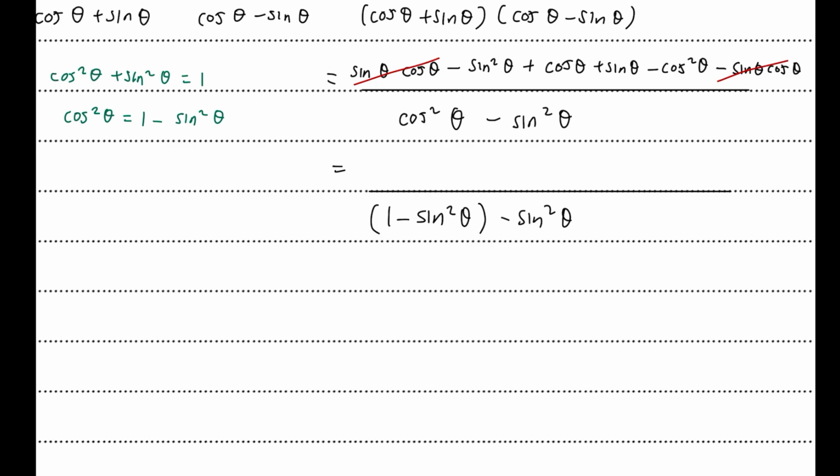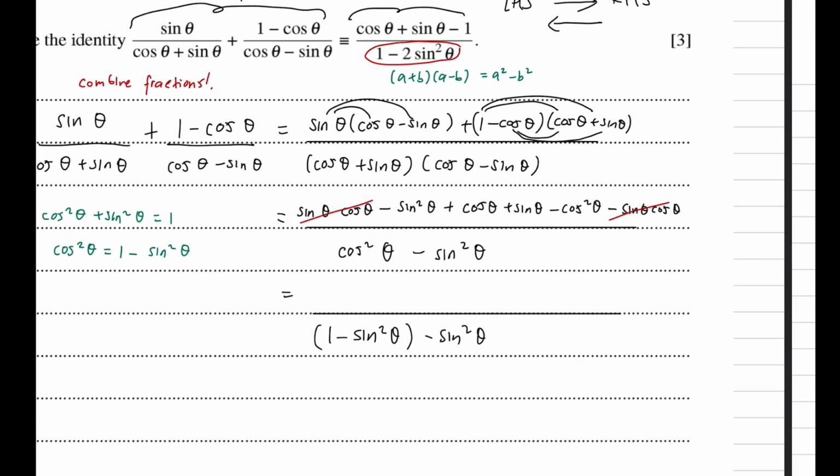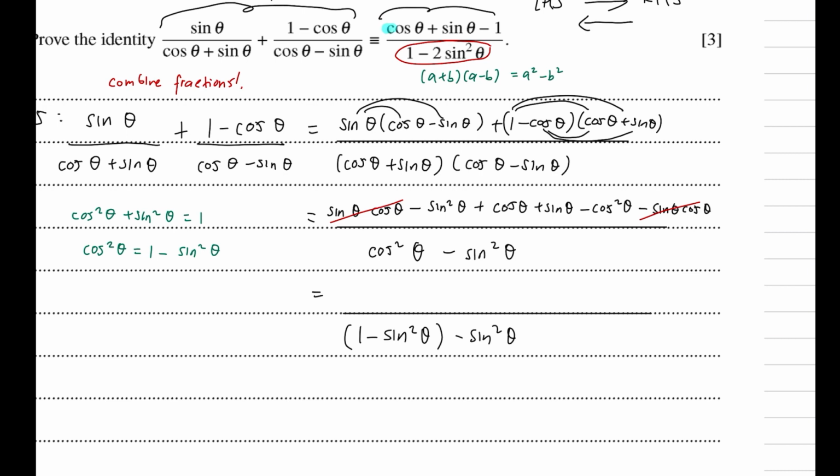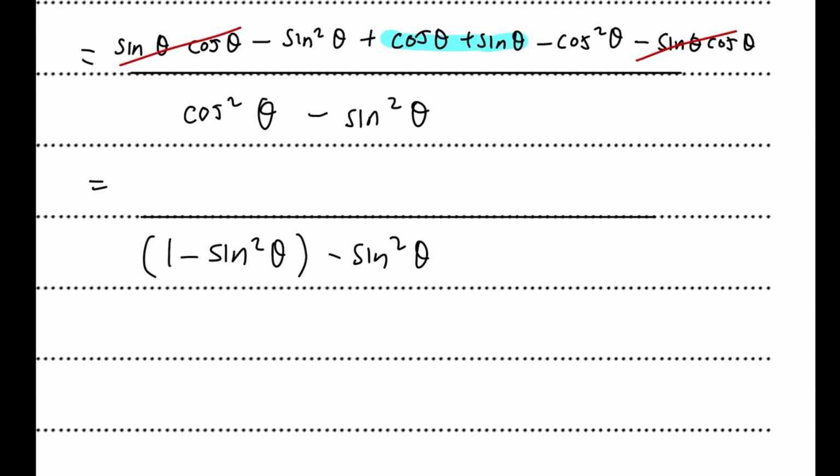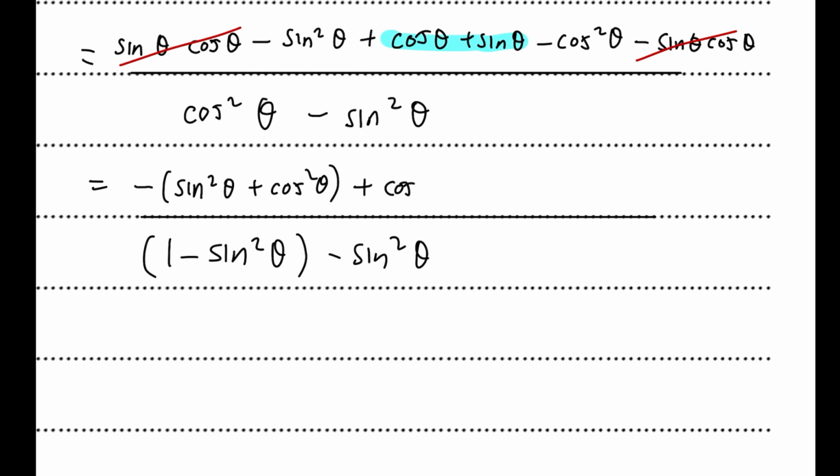And then here, the top part, we already have cos theta plus sine theta, so we don't need to change it. But here, instead of having minus sine square minus cos square, we have minus 1. So we have to change it into that. How do we do that? We can take out the minus in the bracket, sine square theta plus cos square theta, and we have plus the blue one, cos theta plus sine theta.